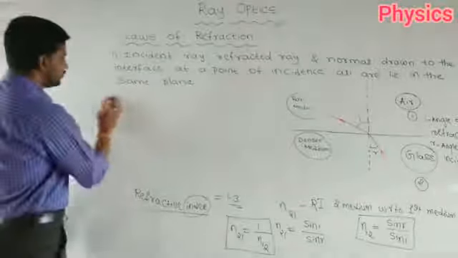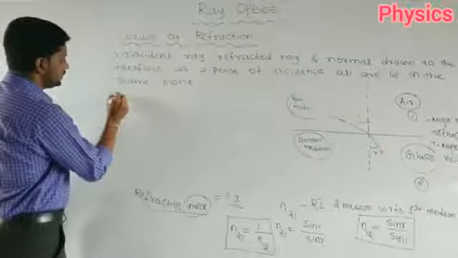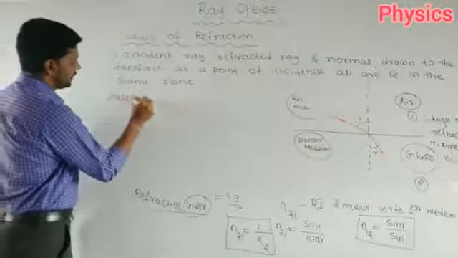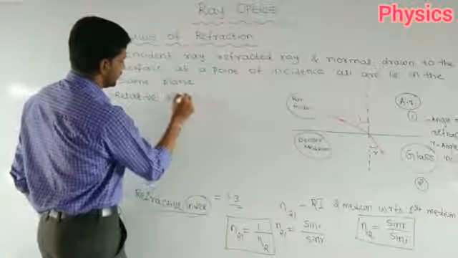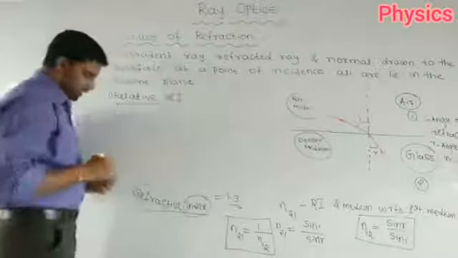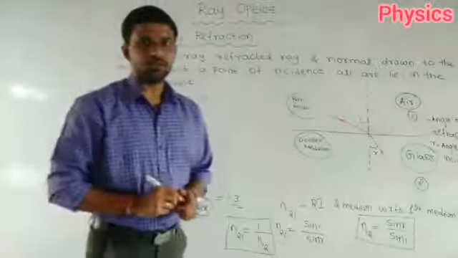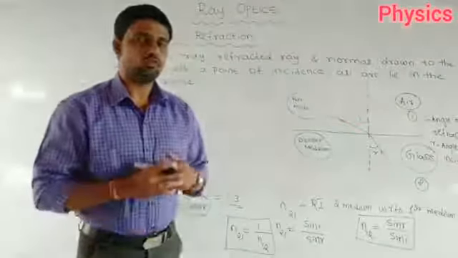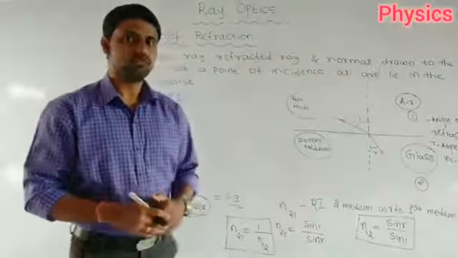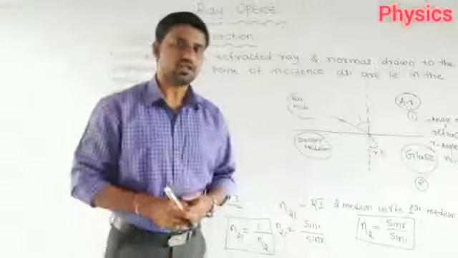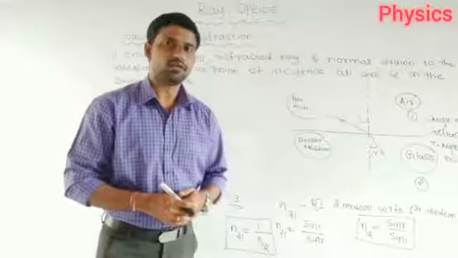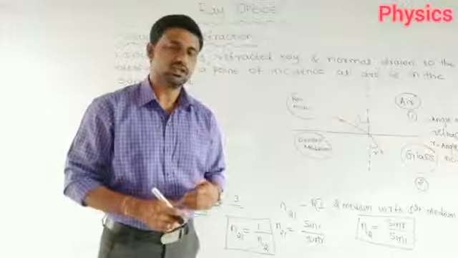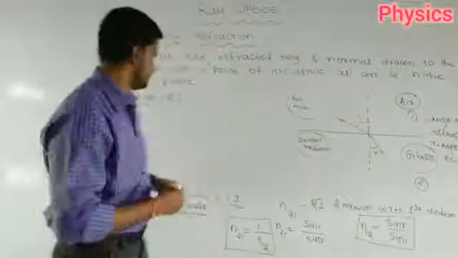The first one is the relative refractive index. Relative refractive index means refractive index of one medium with respect to another medium which is not a vacuum. Then that type of refractive index is called the relative refractive index.